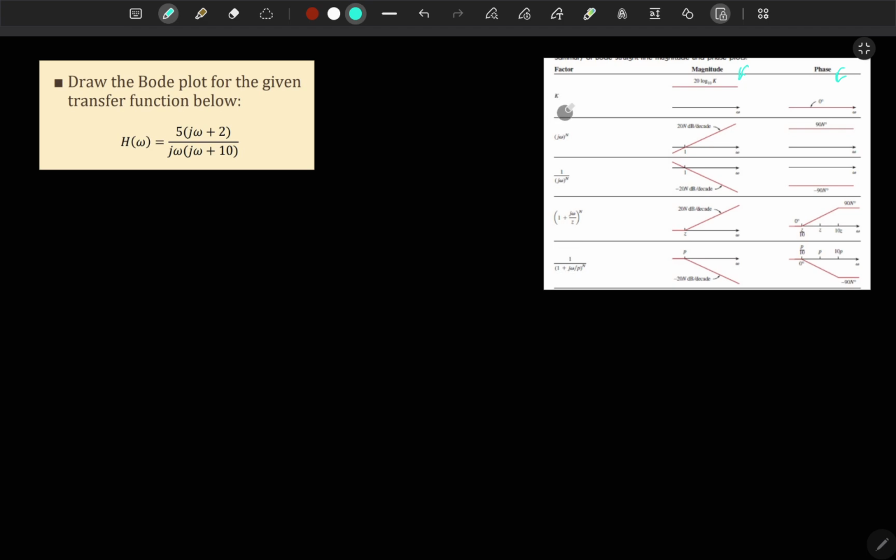Then we have k. Now we have been given this, we just make it in the s form, which is easier for us. So it's 5. Every jw is considered as s now. The first step that you need to do is, if you notice here, they have given 2 and also s. Now if it's s plus 2, we need to change it to s over 2 plus 1.